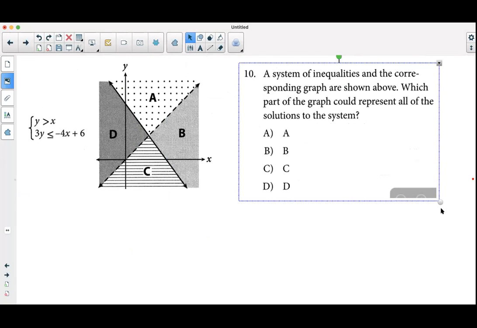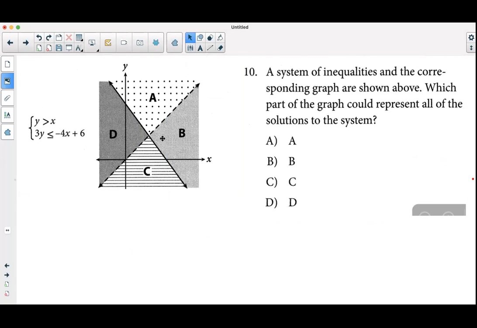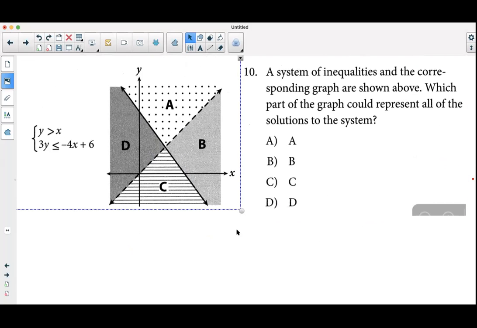When you look at the question, guys, they are not asking you to actually sketch it. You just have to select the correct region that is the solution of the given inequality. So how do you do that? Why don't you try to do this question first?